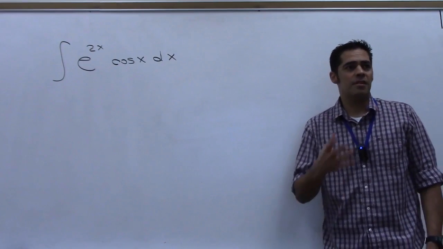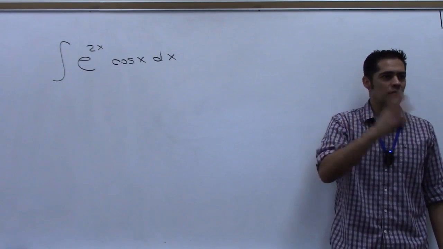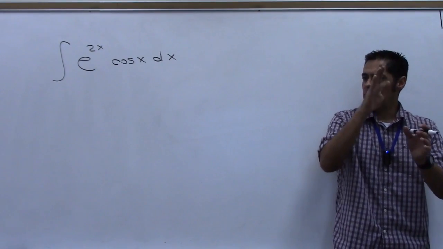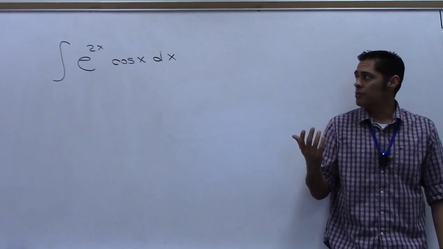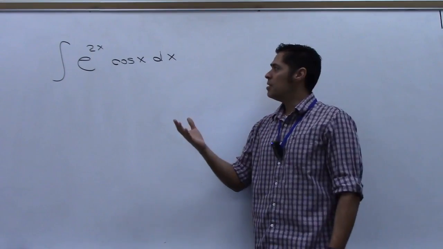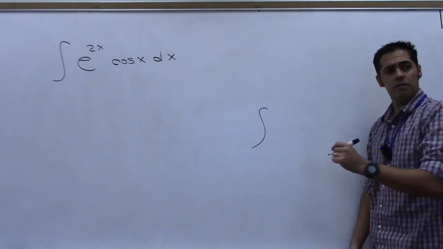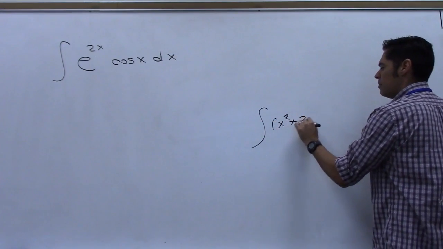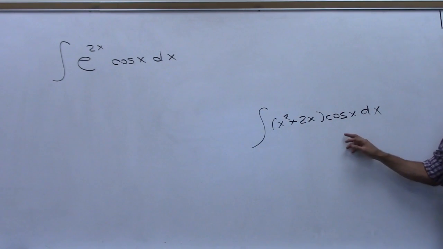First, I want you to notice that when you have the formula for integration by parts, the main thing is to remember it's like a transferring of the derivative, right? You're going to look at 2 different things. One of them is going to get differentiated. The other one's going to get integrated, right? And you get to choose. Now, on some of your homework problems, like x squared plus 2x and then cosine x, you had to use integration by parts twice.